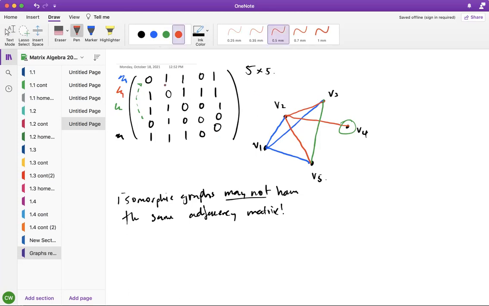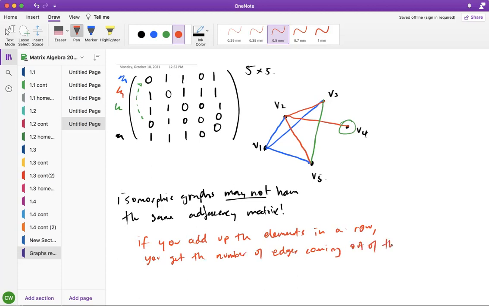One thing that's interesting to note is that if you add up the elements in a row, you get the number of edges coming out of that vertex. So for example, if I add up 1, 2, 3, I can see I have 1, 2, 3 edges coming out of it.